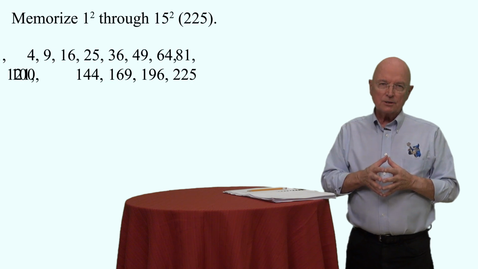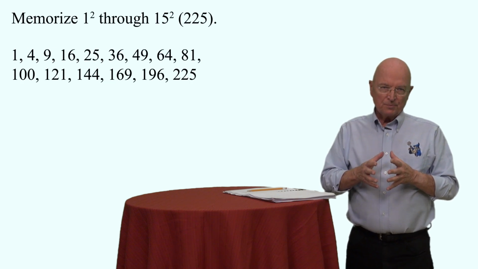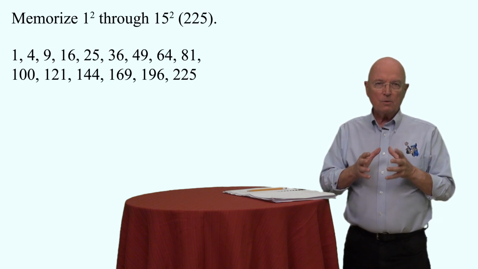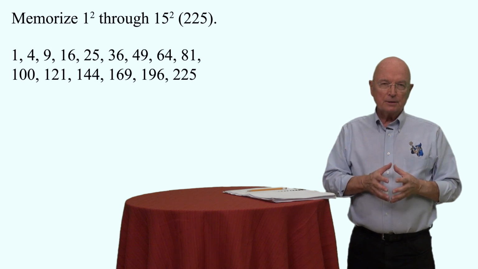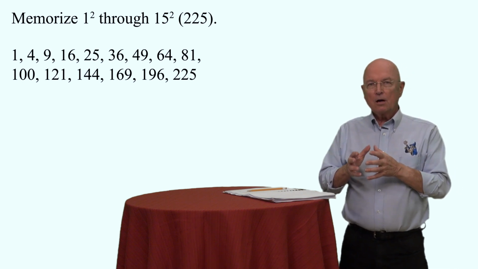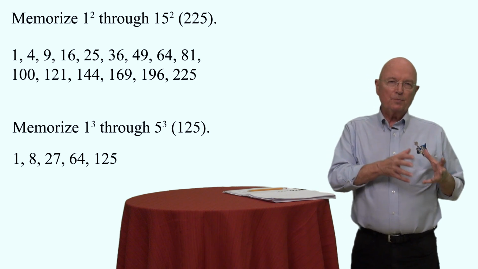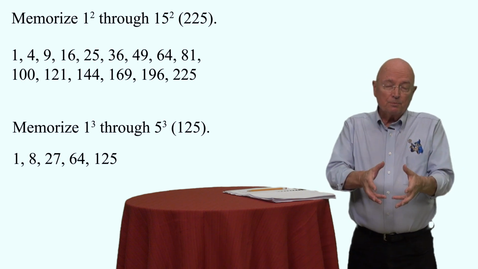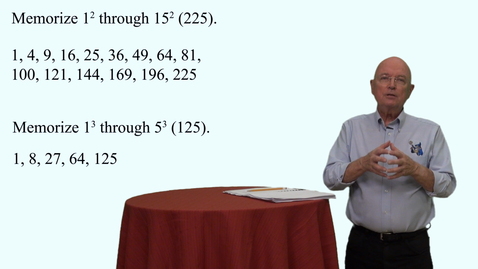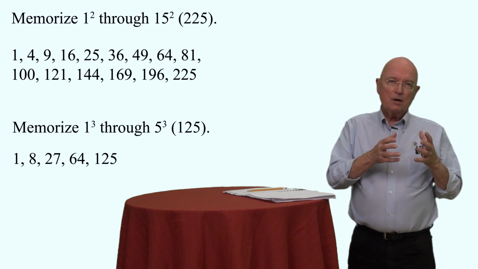So what I want you to do, if you missed watching that video, is I want you to memorize all the squares through 15. You need to recognize them on sight. And you need to recognize all the cubes through 5. Because it isn't that you could do it on your calculator for sure, but you need to recognize these numbers on sight.